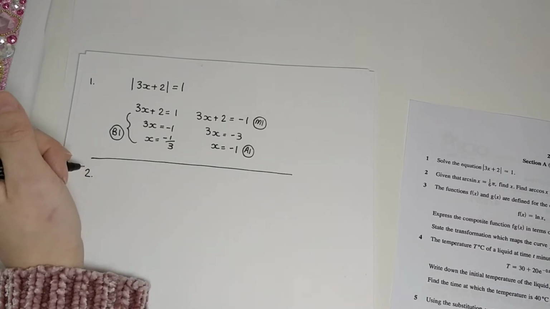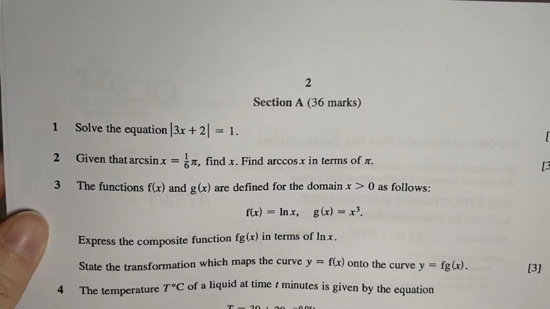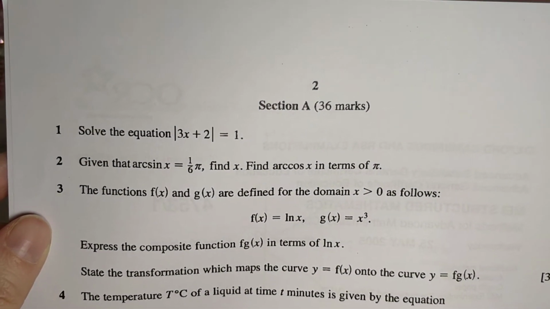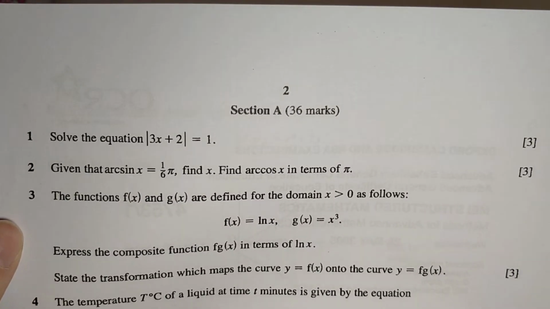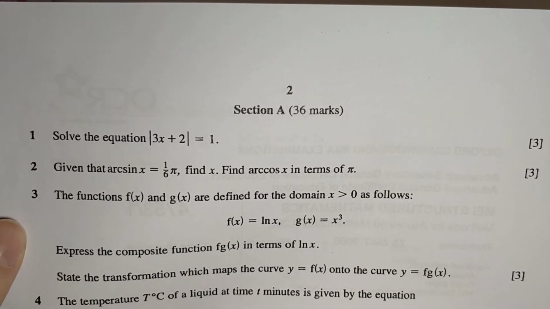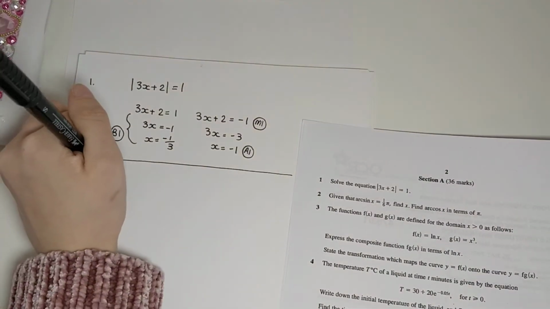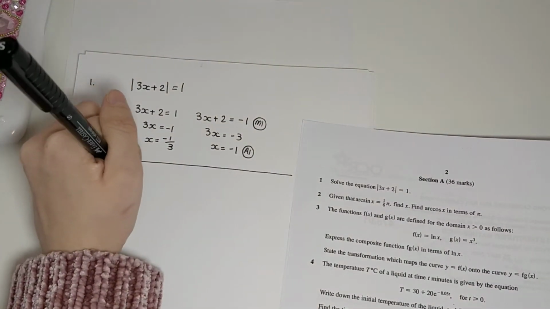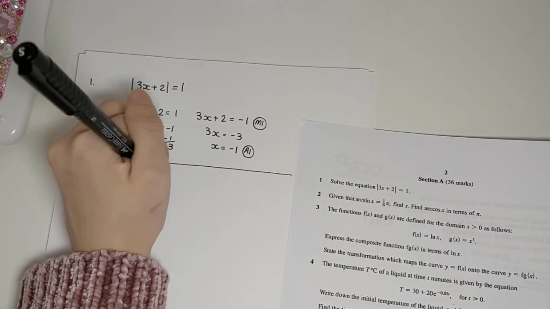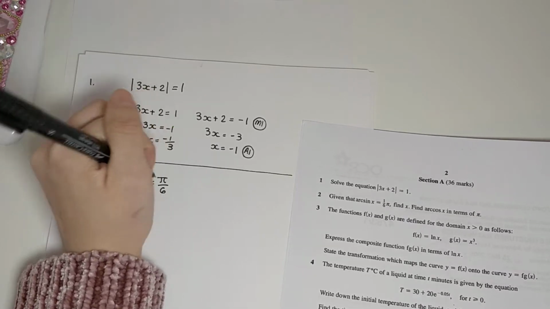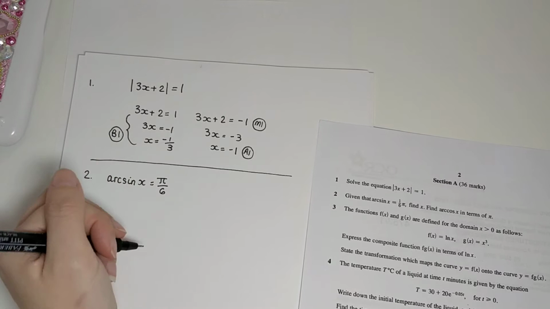Given that arcsine x equals pi over 6, find x and find arccos x in terms of pi. 3 marks. Okay, so arcsine x equals 1/6 of pi. Find x.